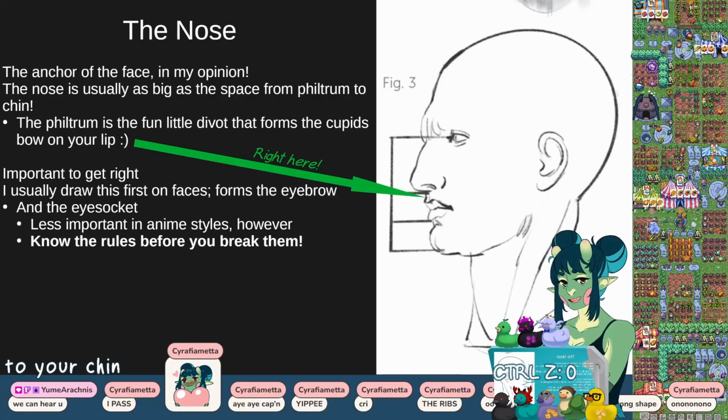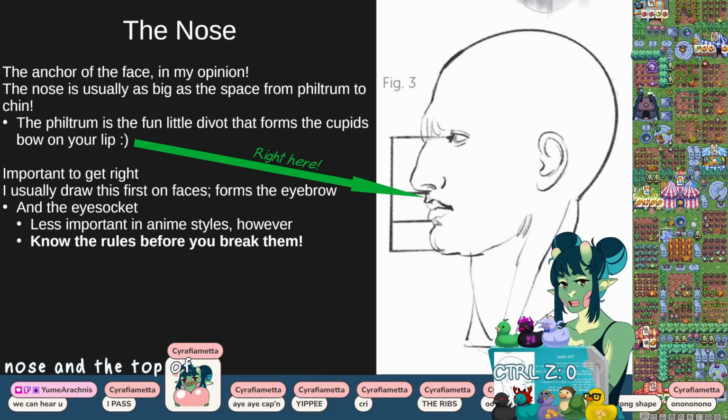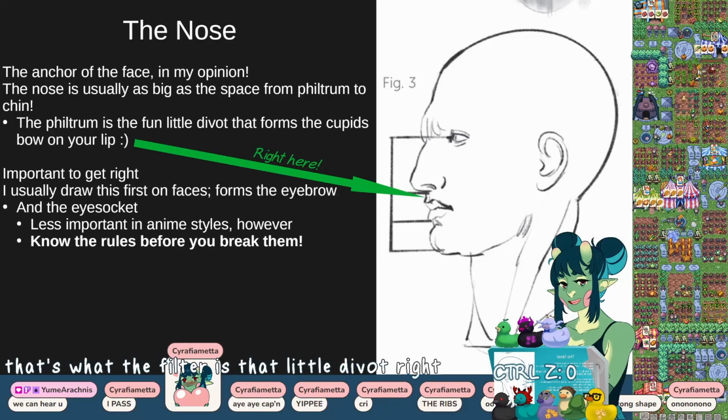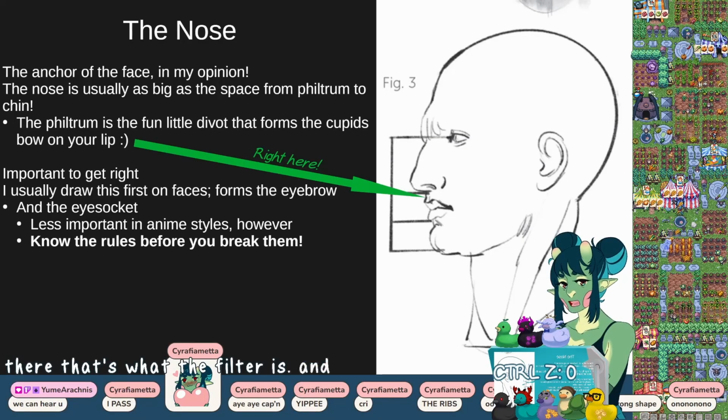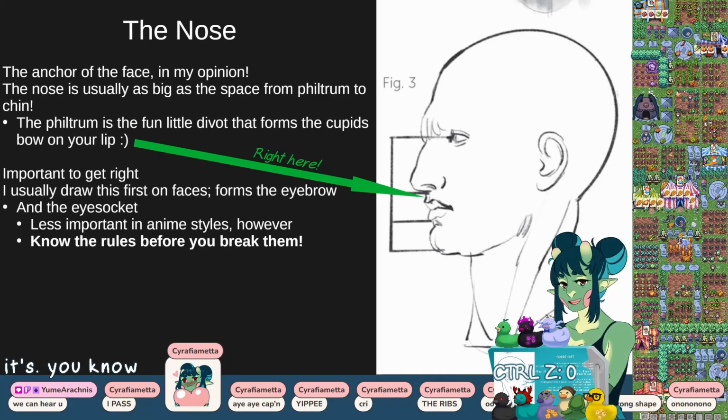The philtrum is the little divot between the bottom of your nose and the top of your top lip. It's important to get your nose right, because it's a really big defining feature on your face.